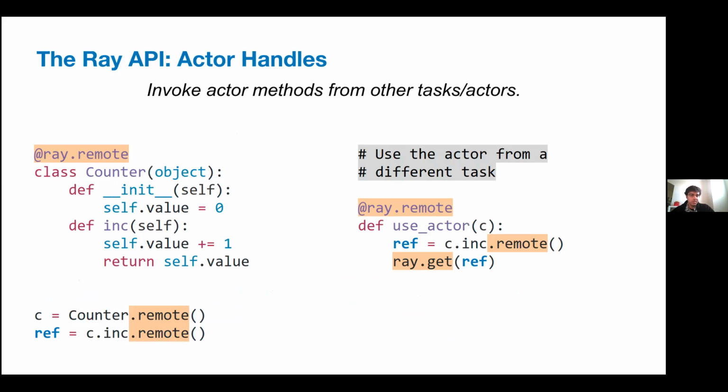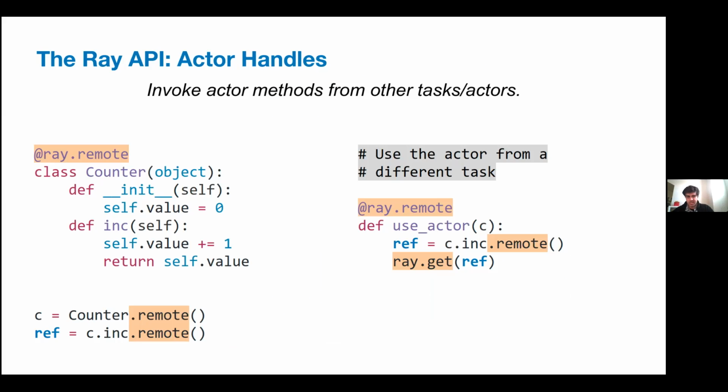So one cool thing you can do with actors is you can basically pass actor handles around. What this basically means is that you've created an instance of an actor, and then you can pass it to, for instance, another task that can invoke remote procedures on that actor, and also invoke ray.get on those actors as well.